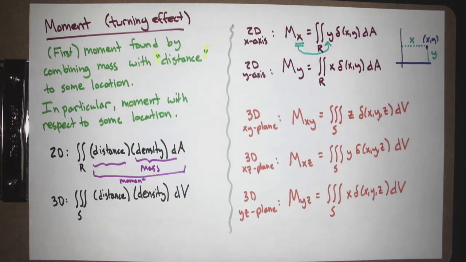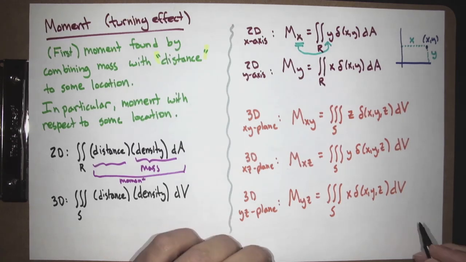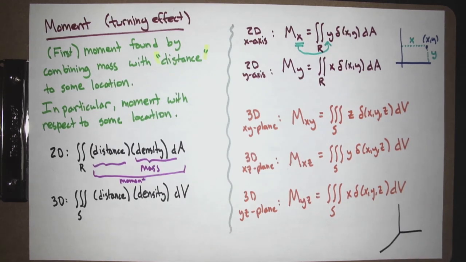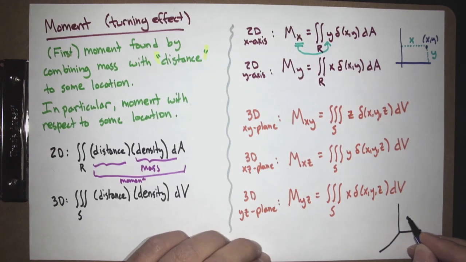In 3 dimensions, what goes on? Well, when we talk about moments, the 3 kinds of moments we care about, at least for our class, they don't have to be planes, but they will be planes. So it's moments with respect to planes. Suppose I'm in 3-dimensional space, and there's a point x, y, z.